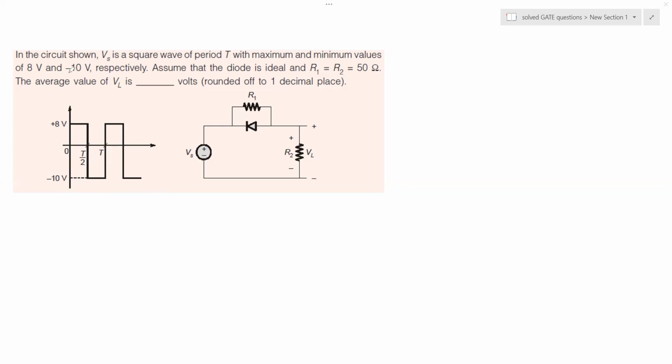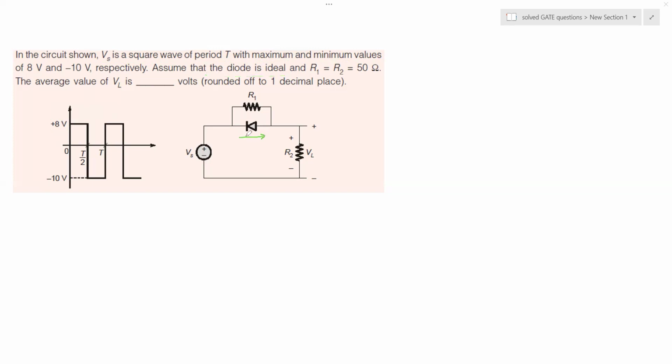So now it says in this circuit, Vs is a square wave of period T with maximum and minimum values given. So the maximum value is +8 volt, the minimum value is -10 volt, respectively. So the diode is assumed to be ideal.